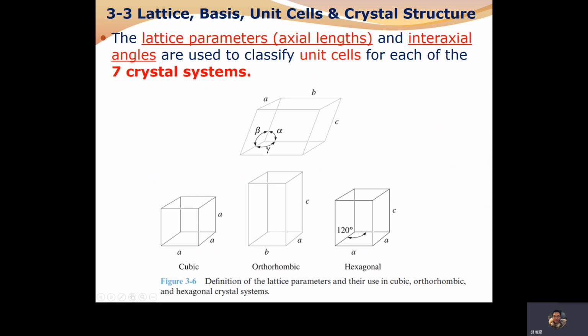So how do we define the seven crystal systems? The lattice parameters and the interaxial angles are used to classify the unit cell. Once the unit cells are identified, we can define the crystal system.